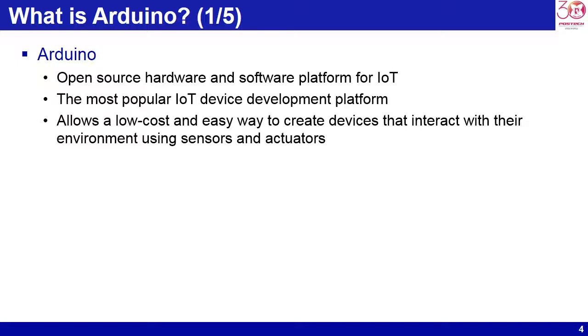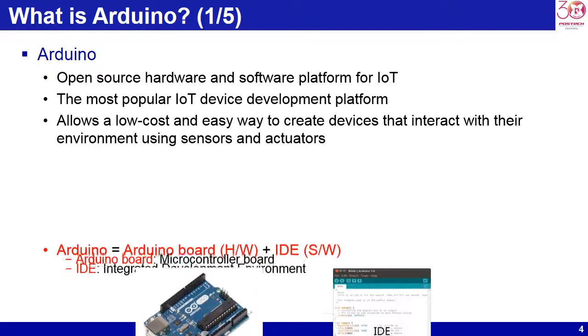Arduino is the most popular IoT device development platform. Arduino can sense the environment by receiving inputs from various sensors and affect its surroundings by controlling lights, motors, and other actuators.